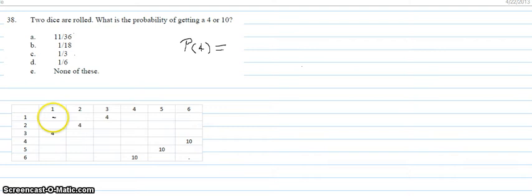One dice can roll a 1 while the other die rolls a 3. One can roll a 2 and the other one can also roll a 2. And then we can have a set of dice where one has rolled a 3 and the other one has rolled a 1. So that gives us 3 different possibilities of getting a 4.